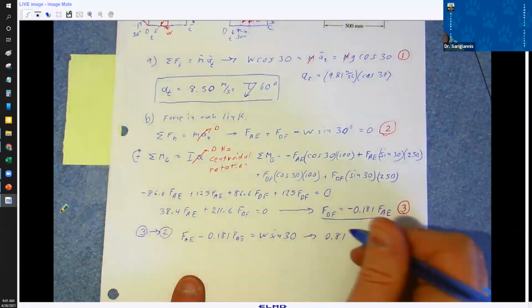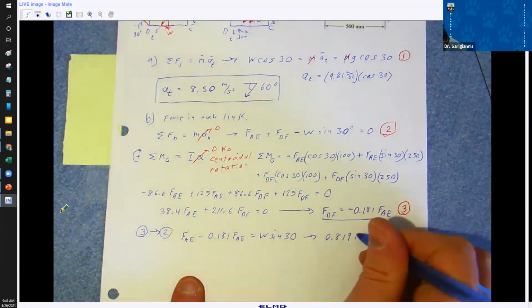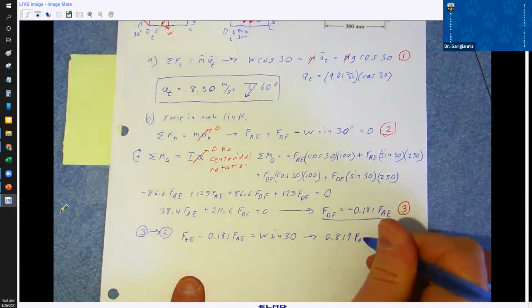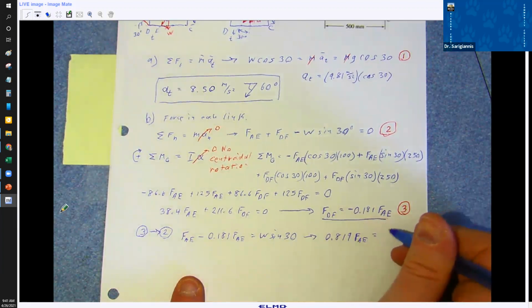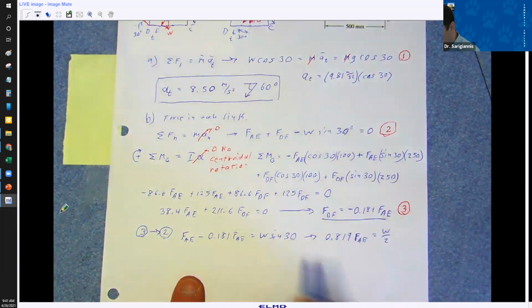So you wind up getting 0.819 FAE is equal to W over 2, right, sine 30.